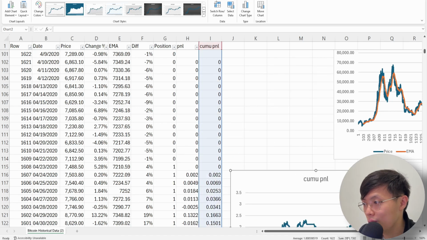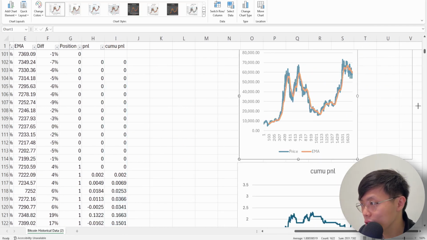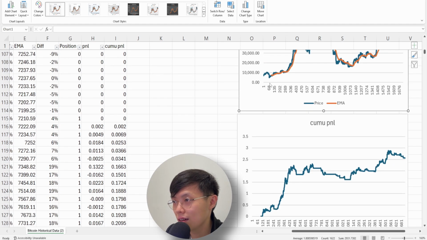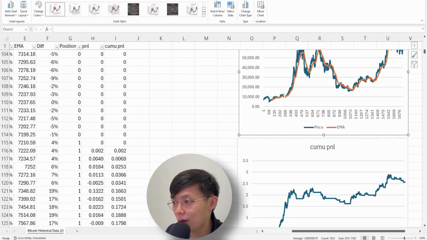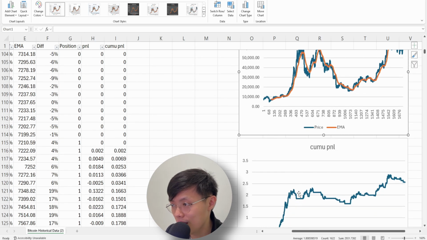If I move it over here, as you can see, if the price is above the MA, I will earn, and if it's below, I will not trade anything. It will go up when it is in a bull trend. In a bull trend, I will earn a lot, and in a bear market, it will not trade, and it will also experience some drawdown.